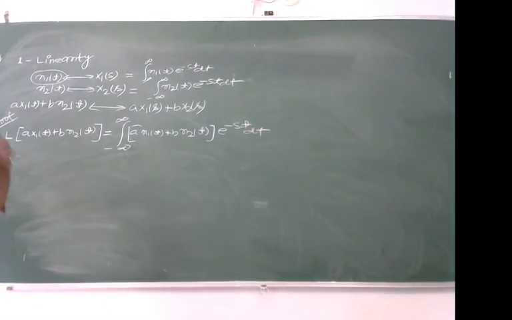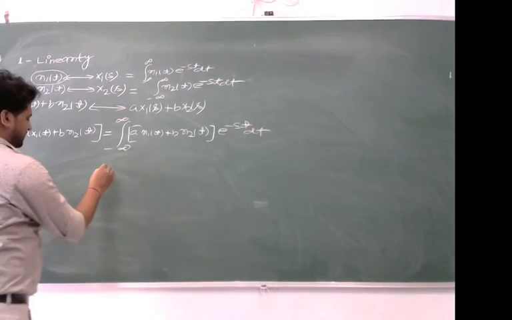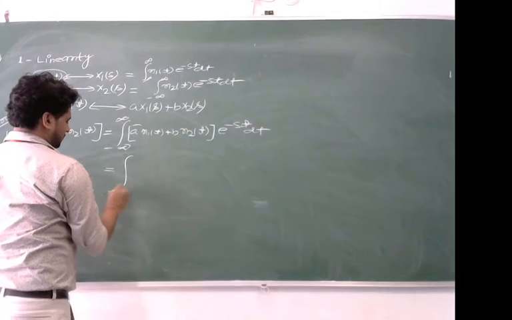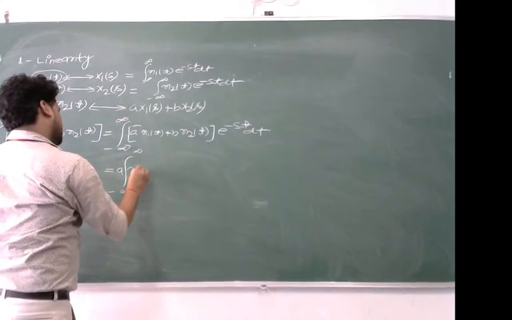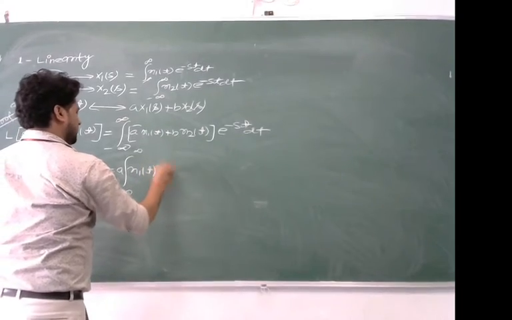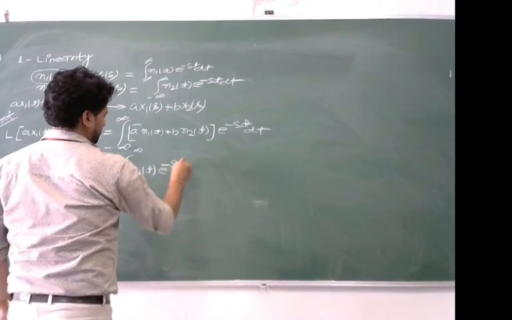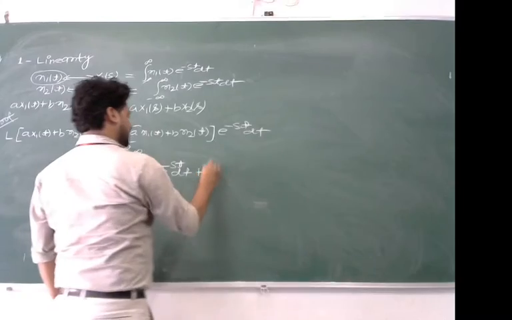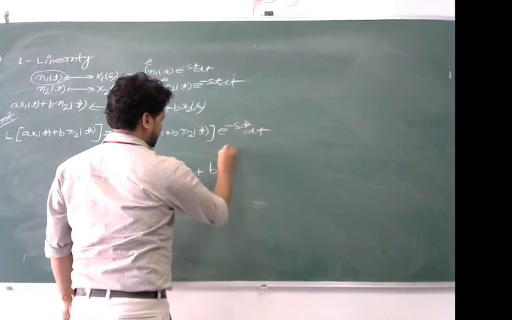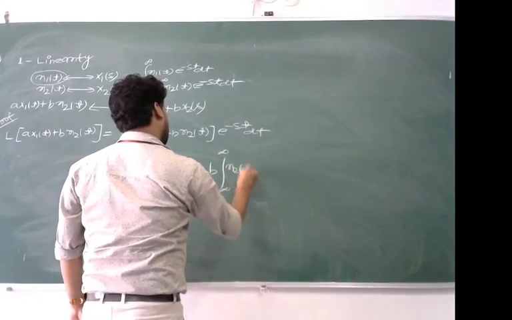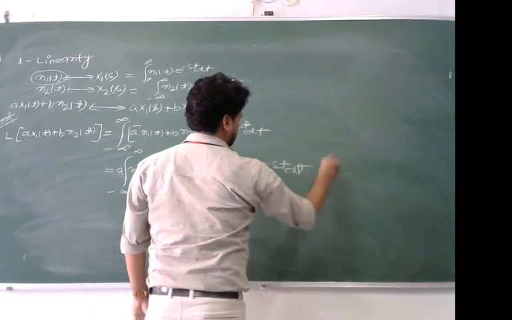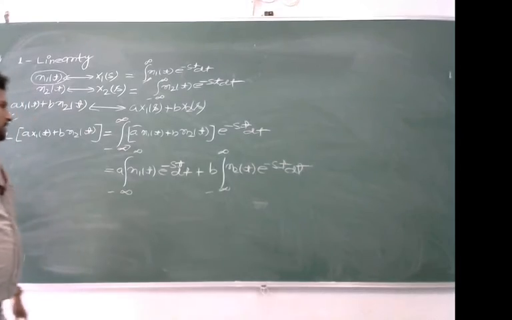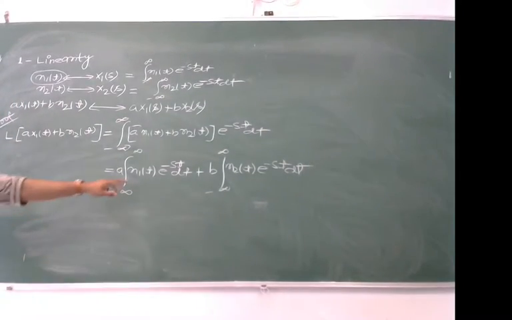Or we can distribute the integration, so the Laplace transform will be equal to the integral from minus infinity to plus infinity of a times x1 of t into e power minus st dt, plus b times the integral from minus infinity to plus infinity of x2 of t e power minus st dt, and compare these two results.